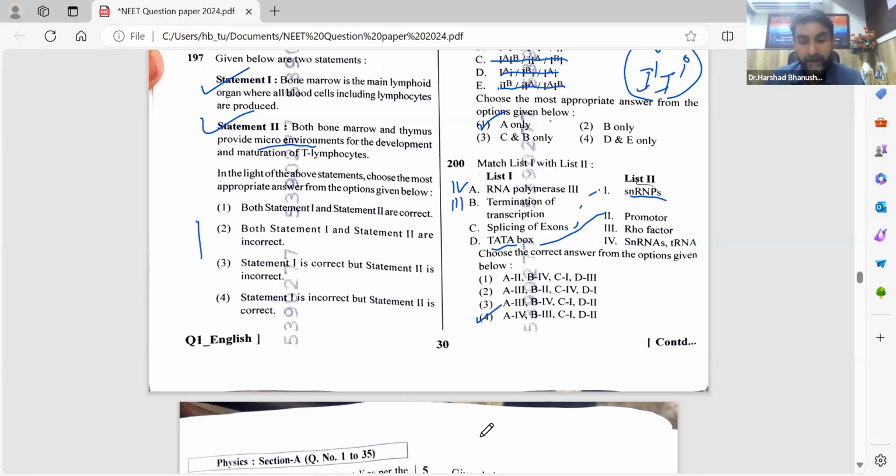So that is regarding the entire paper discussion. Overall, the paper was a pretty standard paper. The match the columns and statement based questions were more, which was on expected lines. Some people must have taken more time to solve it, but the match the columns were easy. Statement based questions were easy. 1 or 2 lines were very tricky.